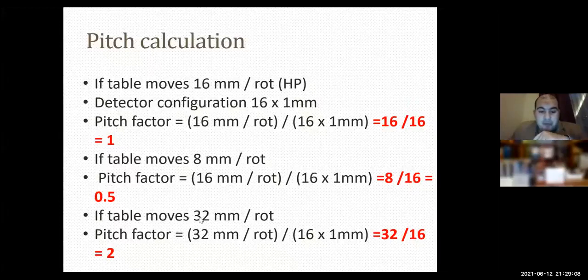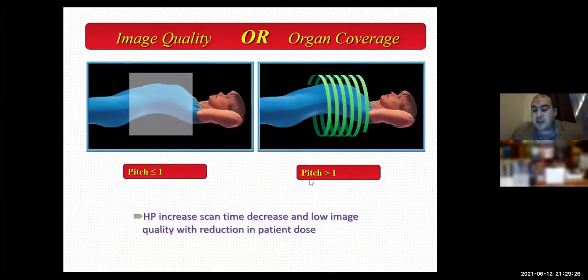If the table moves 32 millimeters per rotation and the detector coverage is 16, that means the pitch factor will be higher than 1, which reaches 2. So this is in case of pitch greater than 1, and this is in case the pitch is lower than 1. Okay, if I use pitch greater than 1, the patient dose becomes less, but the spatial resolution also becomes less.